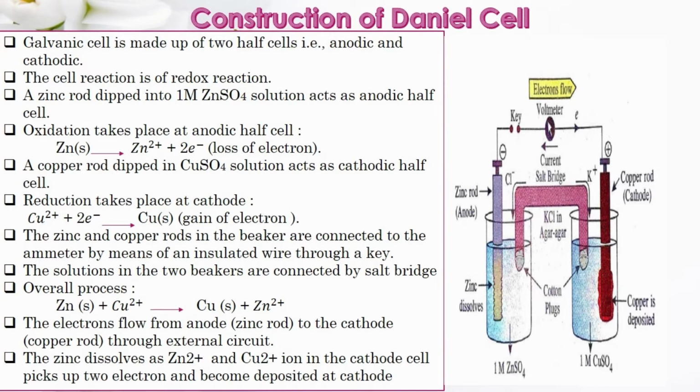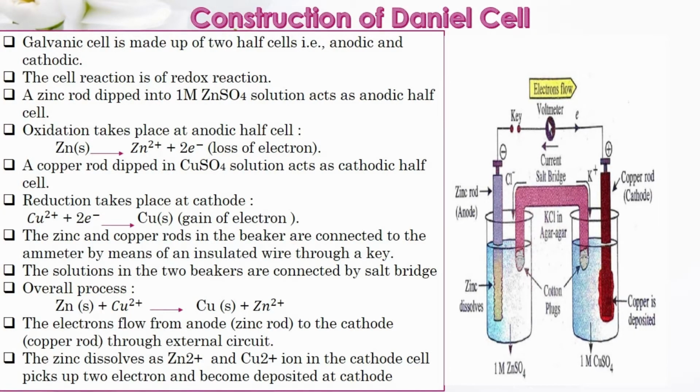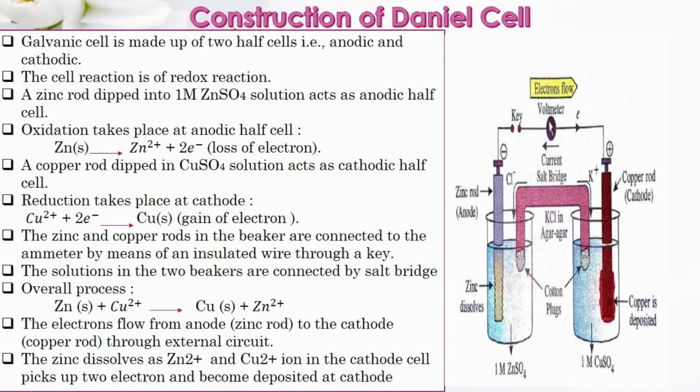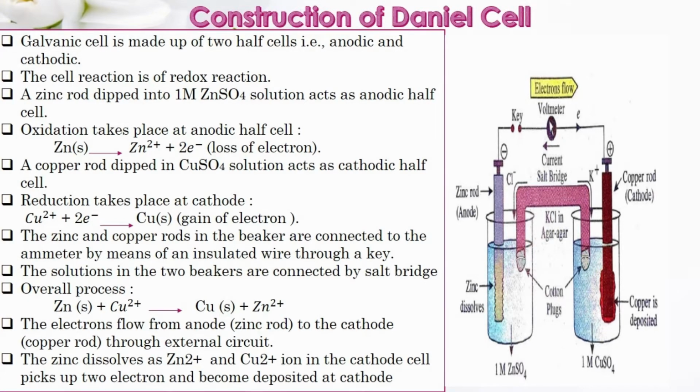In another beaker, 1 M copper sulfate solution is taken and a copper rod is dipped in it. The copper rod and the zinc rod are considered as electrodes. These electrodes are connected through a voltmeter, and the 1 M copper sulfate solution and 1 M zinc sulfate solution are connected using a salt bridge.